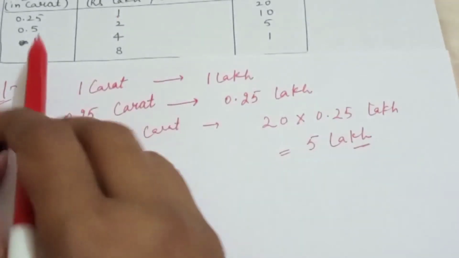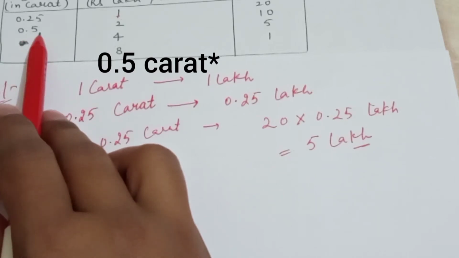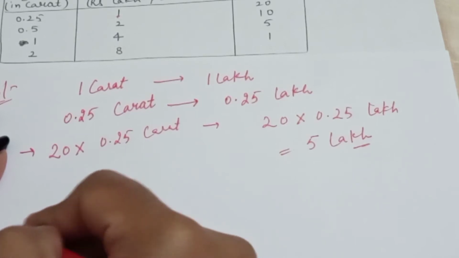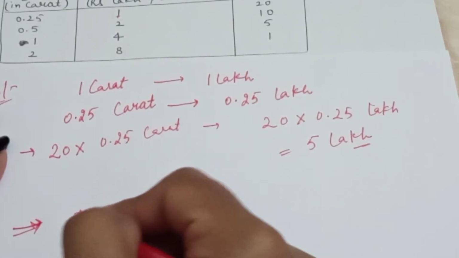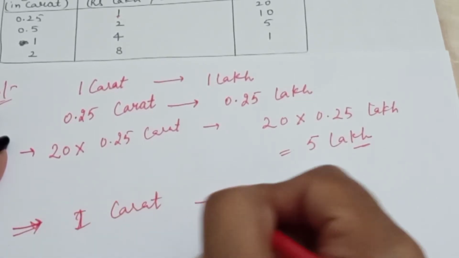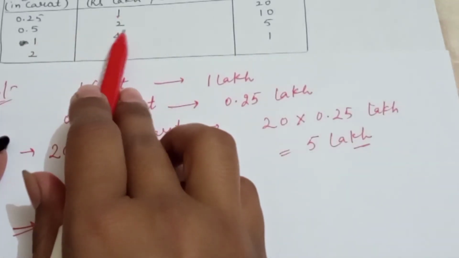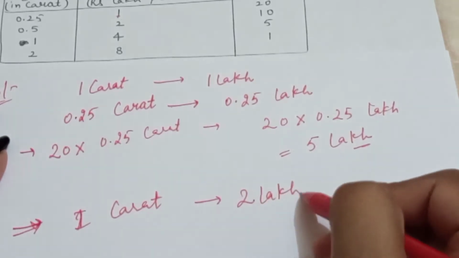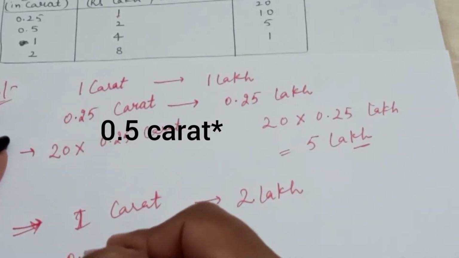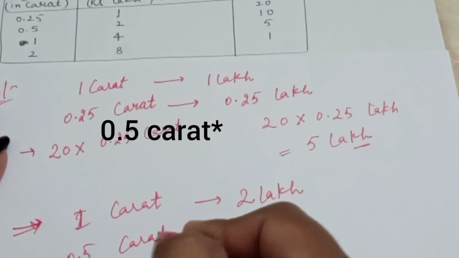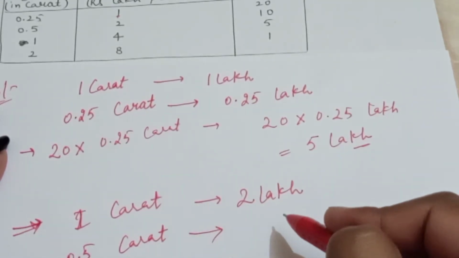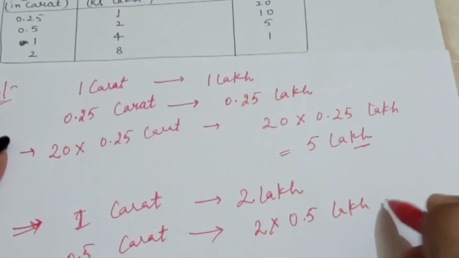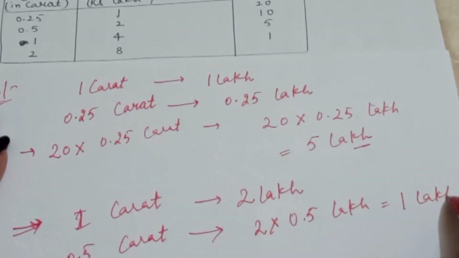Okay, now we will go for 0.5 carat size. For this also, 1 carat costs, here from the table we can see, 2 lakh. Okay, and size is 0.5 carat, which costs 2 multiply 0.5 lakh, it means 1 lakh.